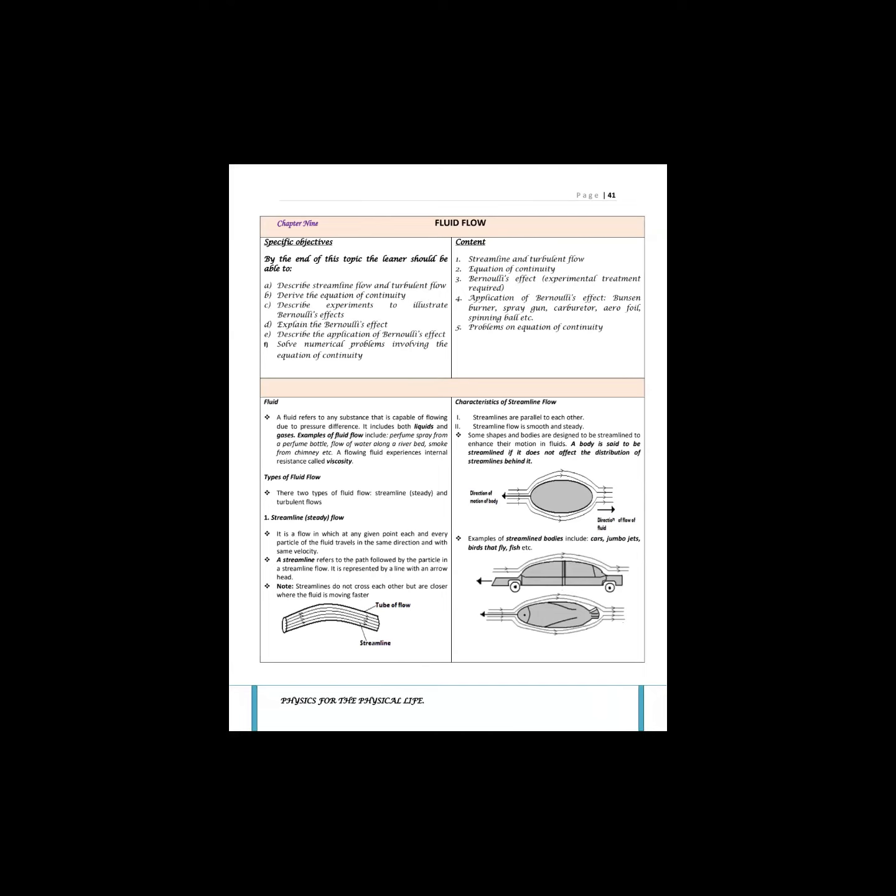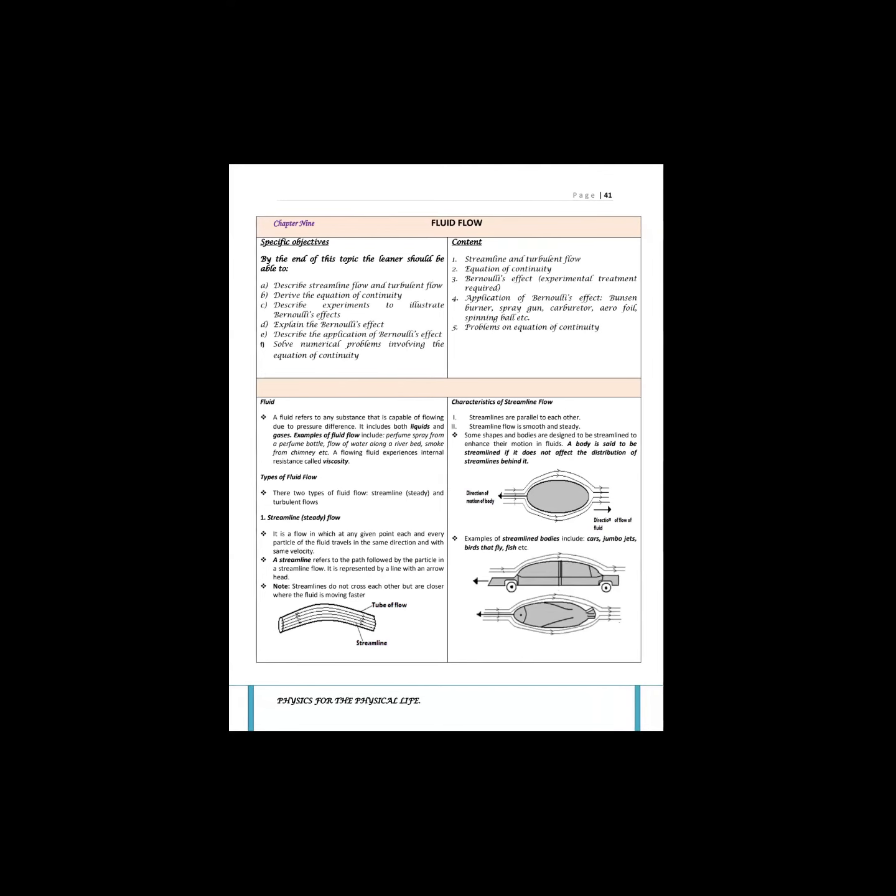We have another type of fluid flow, turbulent flow. This one is a flow in which the speed and direction of the particles passing at any point vary with time. They normally form eddies, as you can see here.